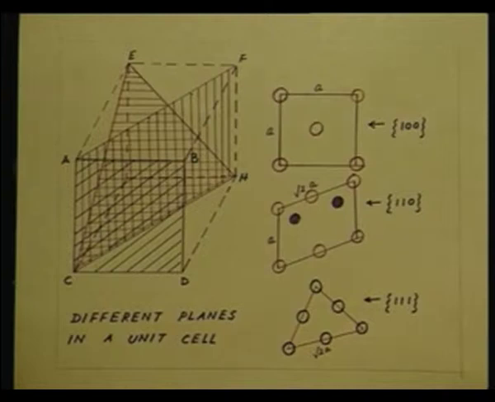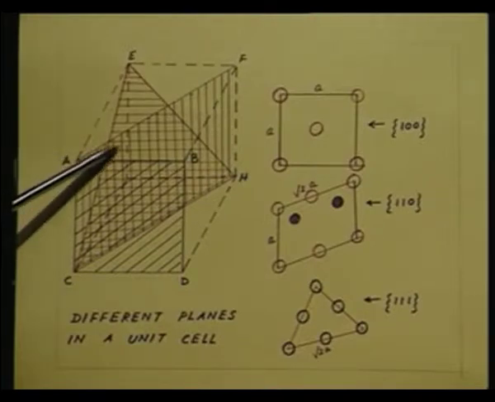What do I mean by belonging to the family of 1 0 0 planes? I mean that it makes an intercept only on one axis and is parallel to the other two axes. In this particular case, it is parallel to the x and y axes and it is making an intercept on the z axis.